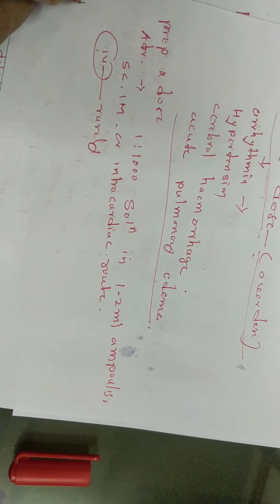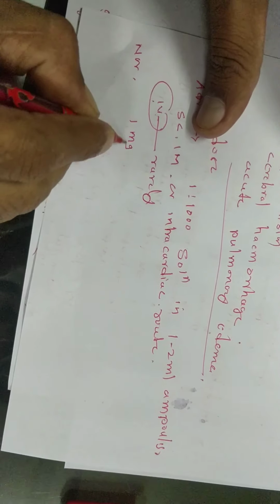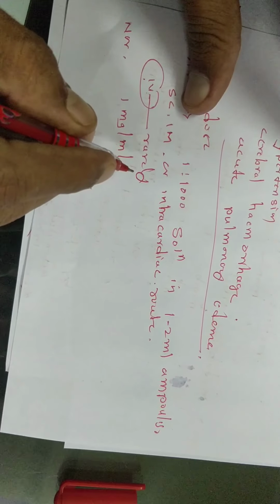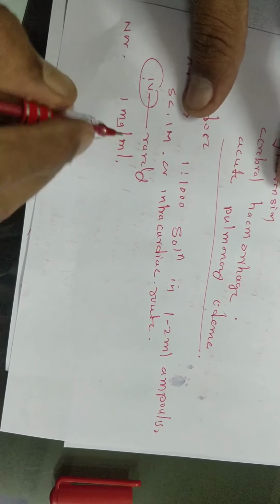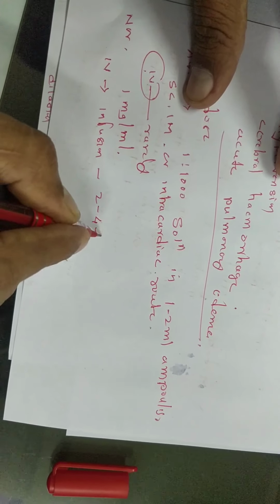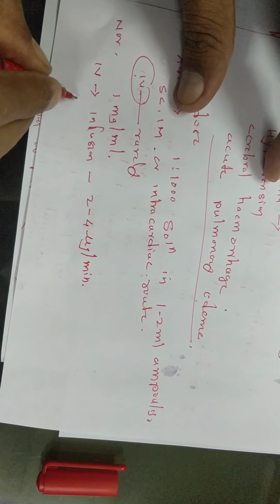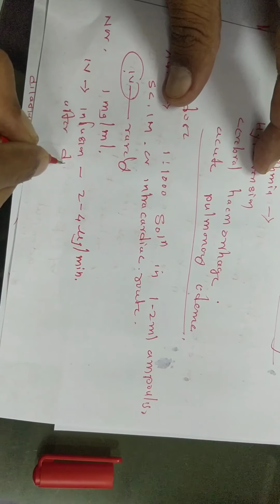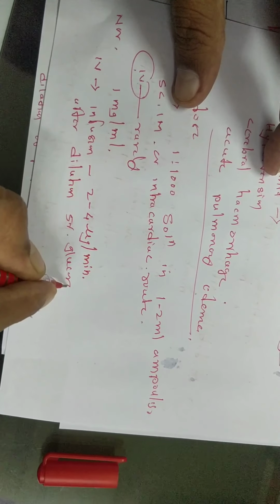Second, noradrenaline. Its dose is available 1 mg per ml. It is generally given in intravenous infusion with saline infusion, 2 to 4 microgram per minute is given after dilution with 5% glucose solution.